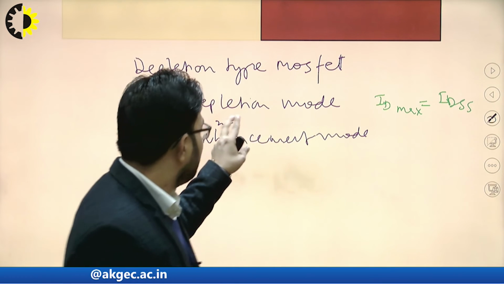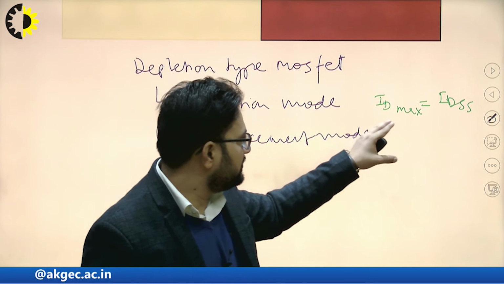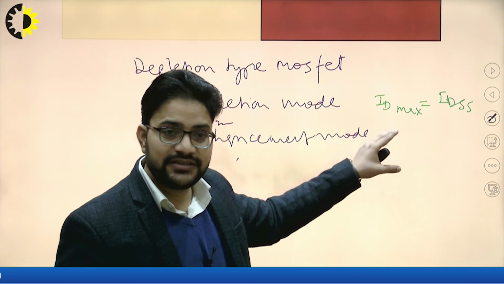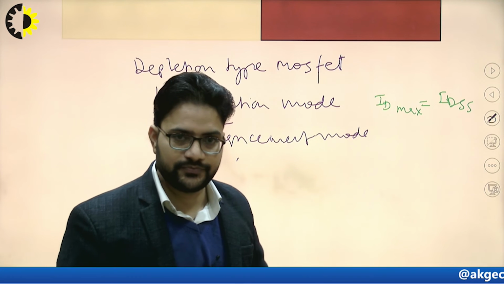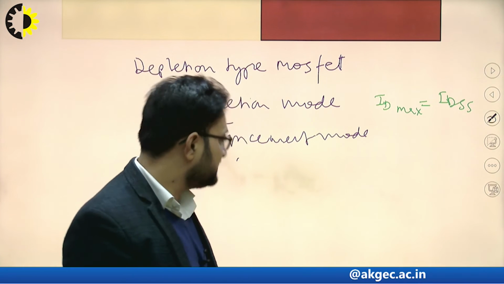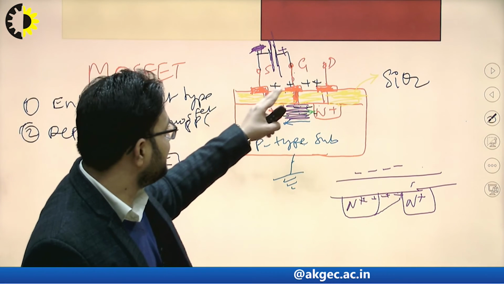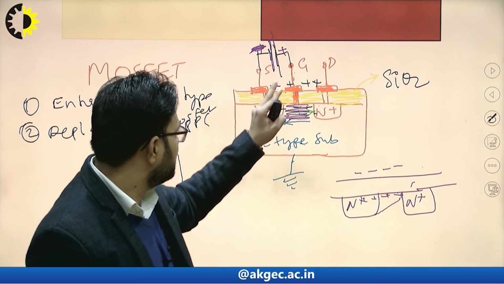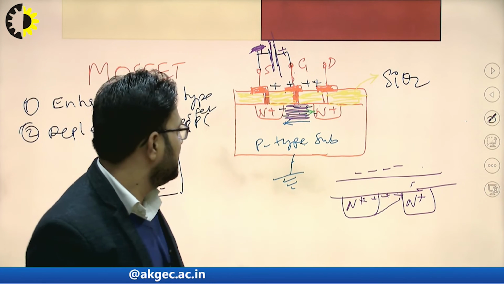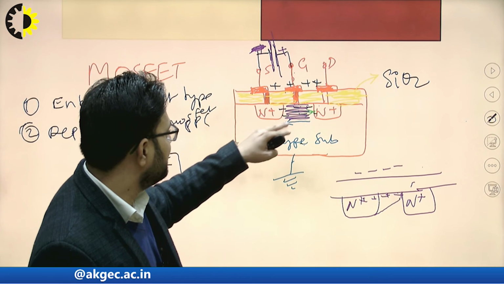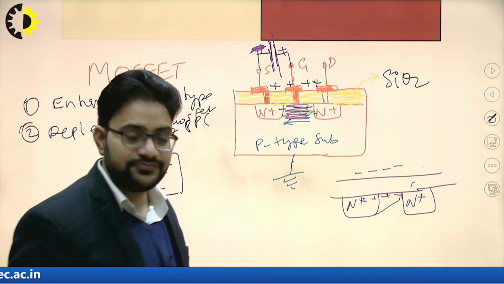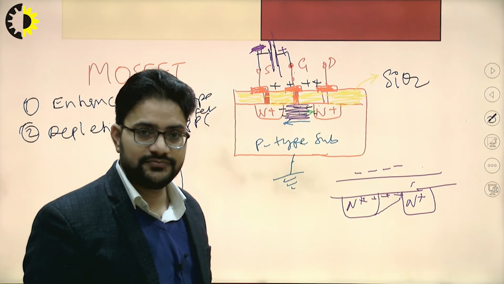Now in case of depletion mode, ID max, that is maximum drain current, will be equal to IDSS. Now talking about the enhancement mode. In the enhancement mode, this gate terminal is connected to the positive terminal of the battery, and correspondingly negative charge carriers are attracted into this channel, right?